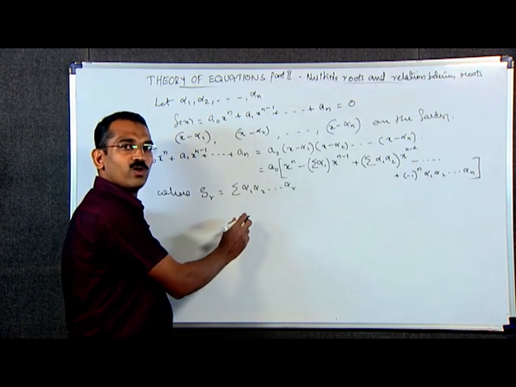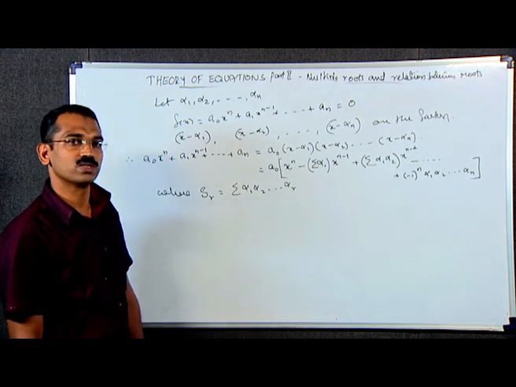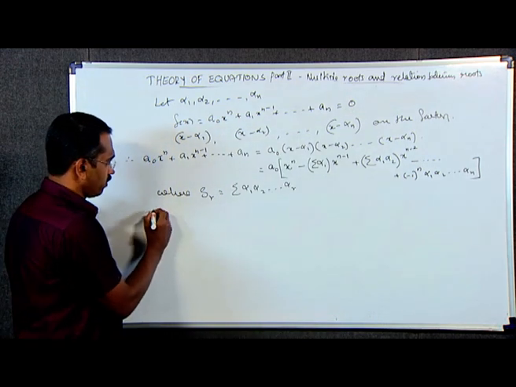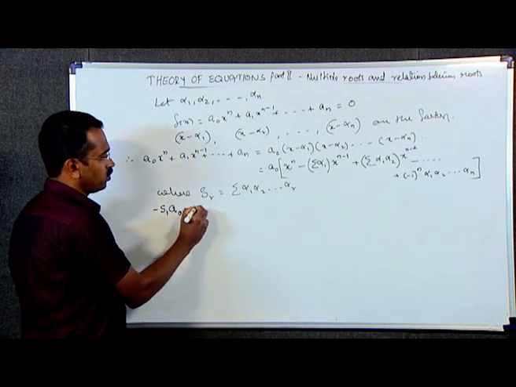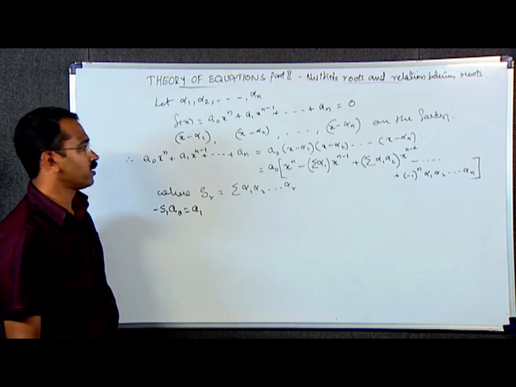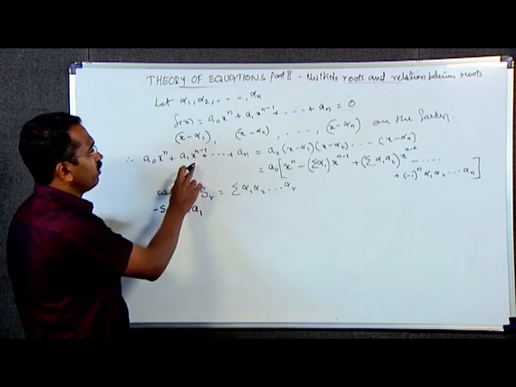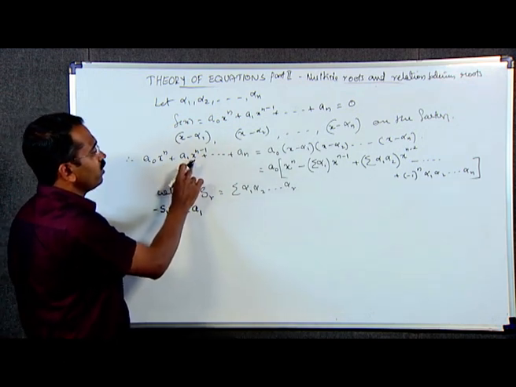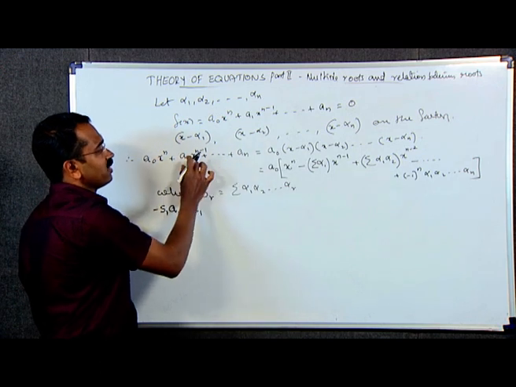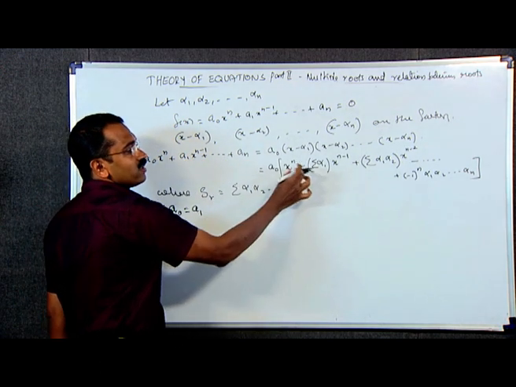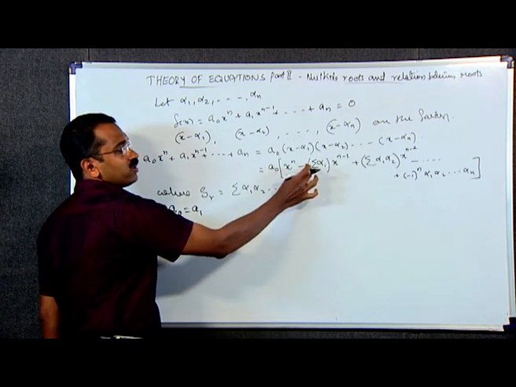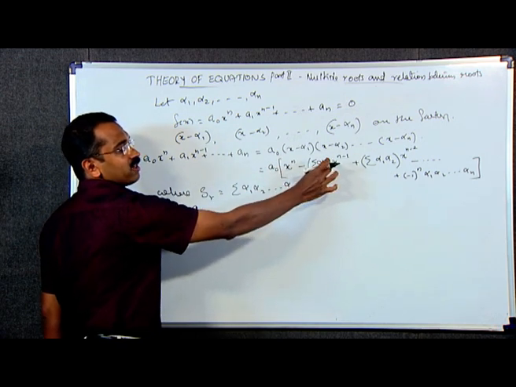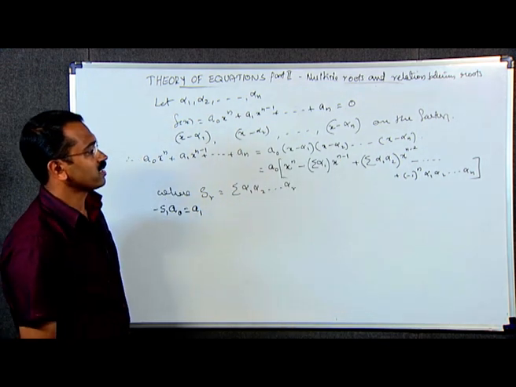Now, equating coefficients of like powers on both sides, we get minus S1 into a naught is equal to a 1. That is, a 1 into x raised to n minus 1 is in the left hand side. In the right hand side, the term having x raised to n minus 1 is a naught into negative of summation alpha 1 into x raised to n minus 1.